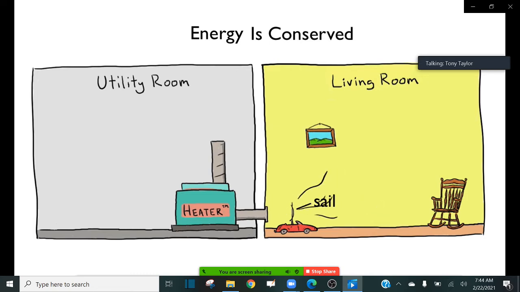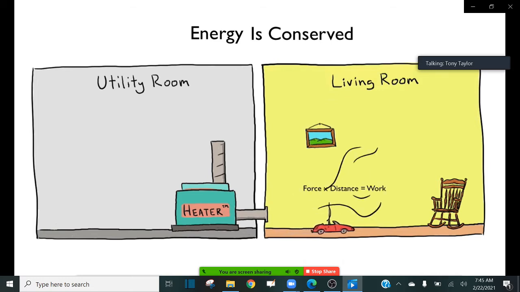The warm air flowing into the room pushes on the sail, which gets the car moving. A force is applied over a distance, which means work is being done on the car. Strictly speaking, the room won't be warmed by as much. Why? Because some of the 500 kilojoules of heat went to pushing the car.